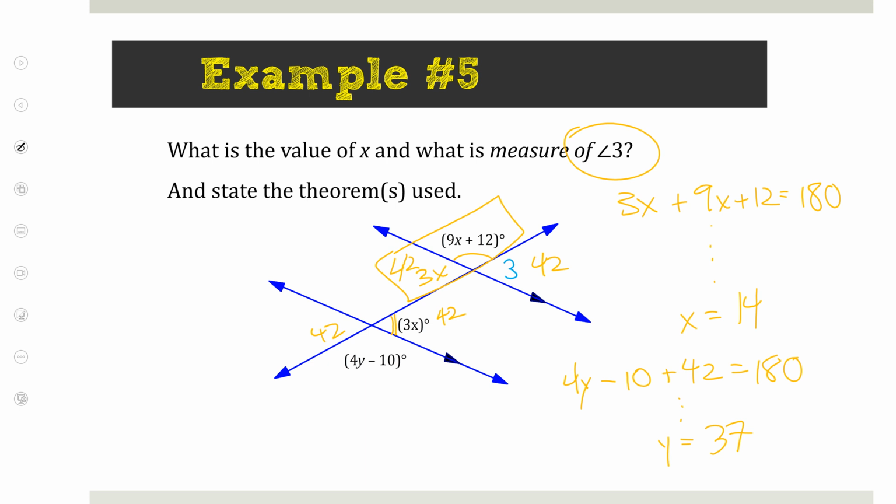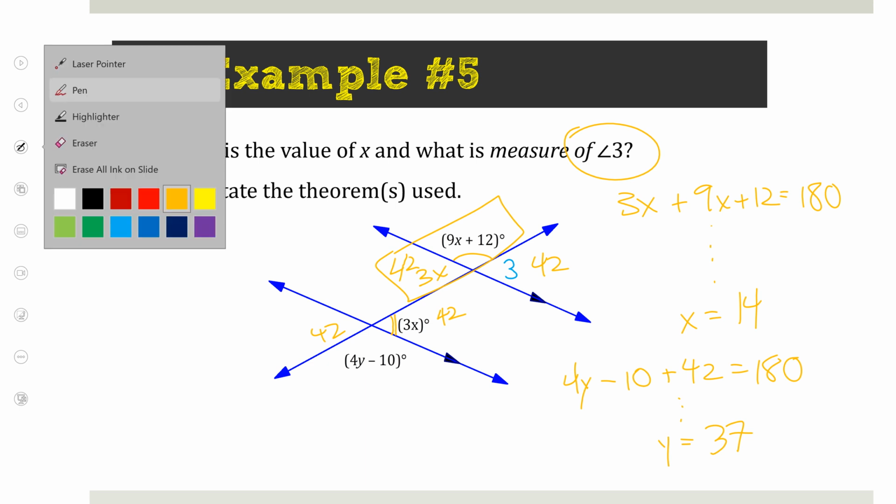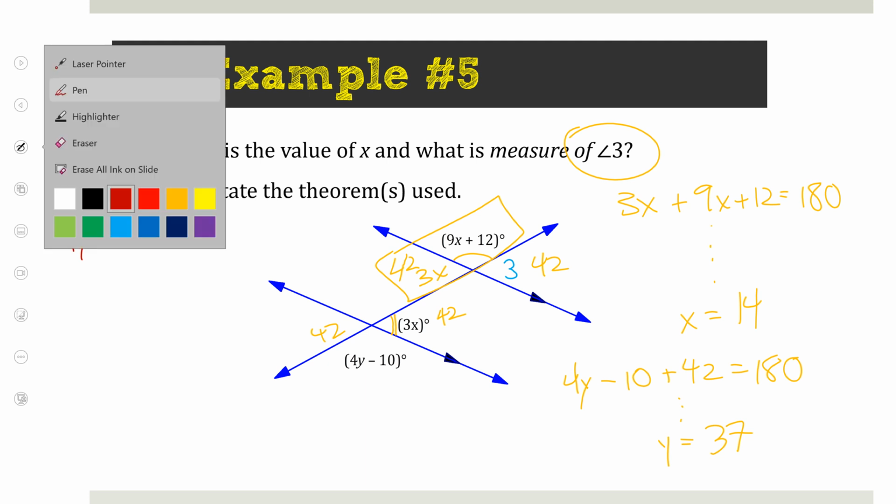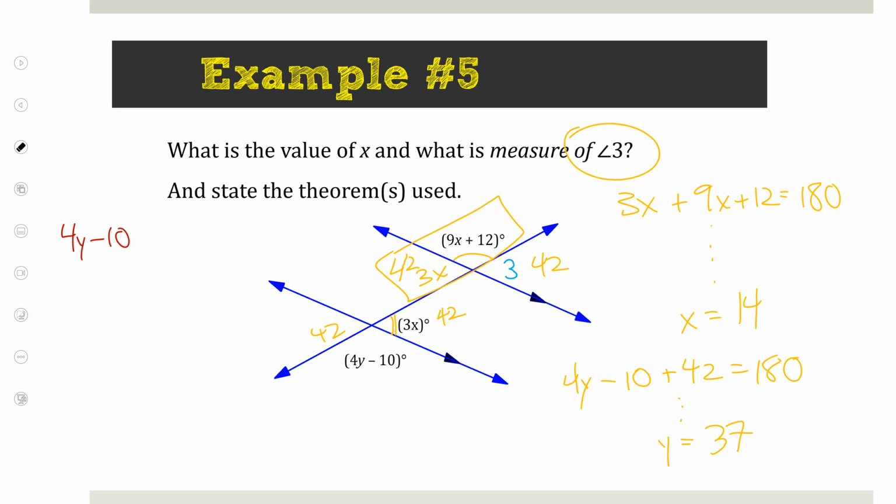Okay. Now, one thing I didn't want to do, which might have happened, I don't know if anybody tried this, but this is also a valid equation. Why is that a valid equation? Those are alternate exterior angles.